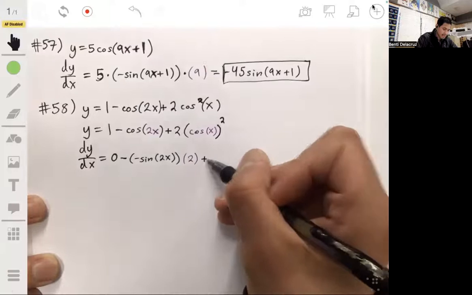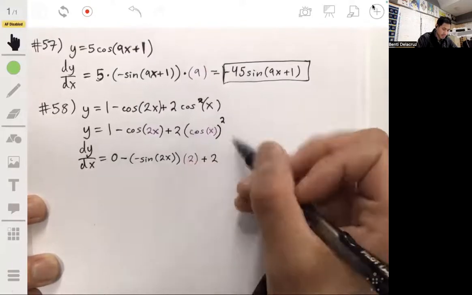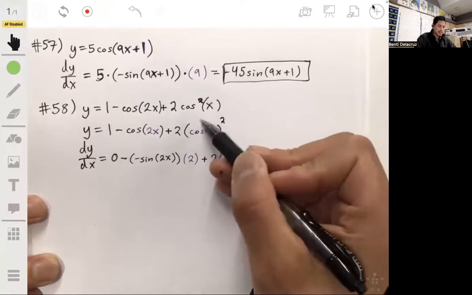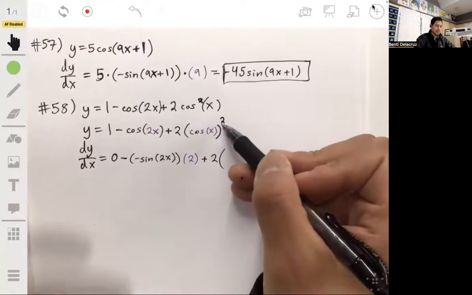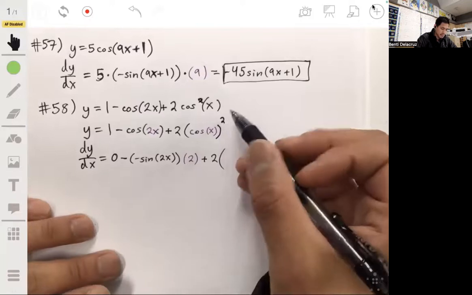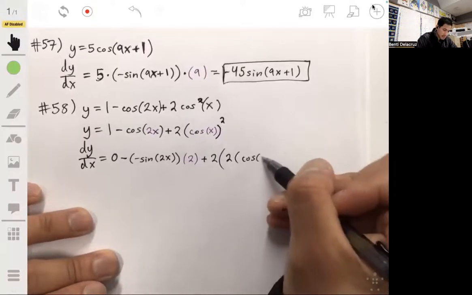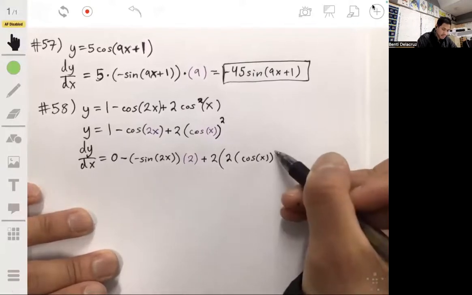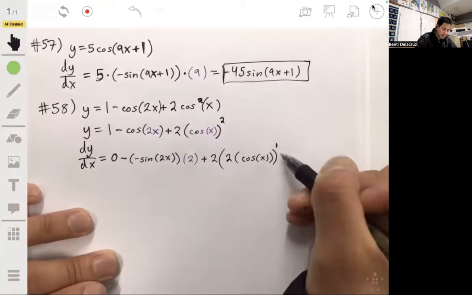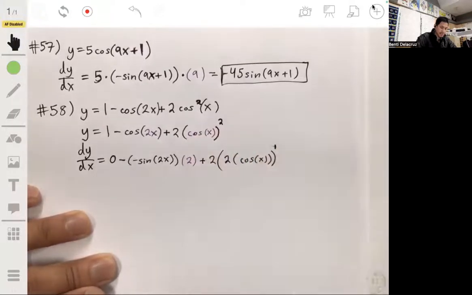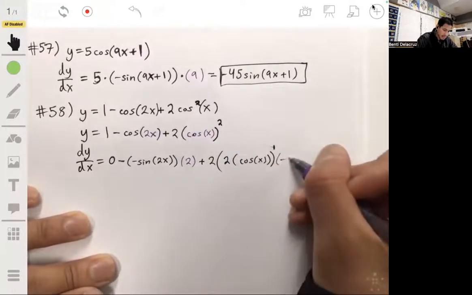So then we're going to add that to 2 times, and then we're going to take the derivative of the exponent function, so the power function. So we use the power rule, so it'll be 2 times the cosine of x, all to the 1 power. And then we multiply this whole thing by the derivative of the cosine of x, which would be negative sine of x.